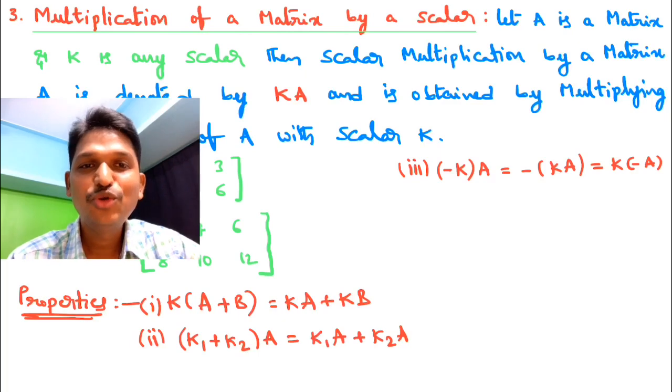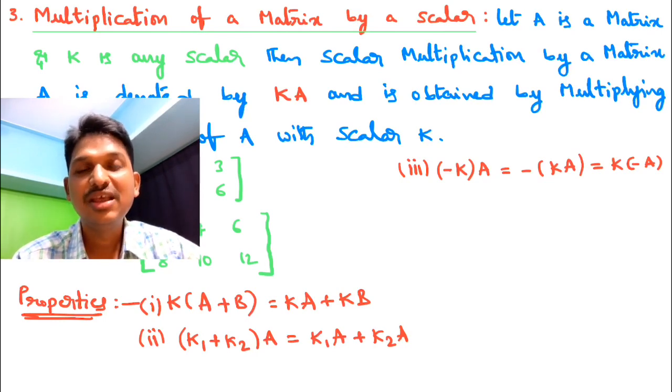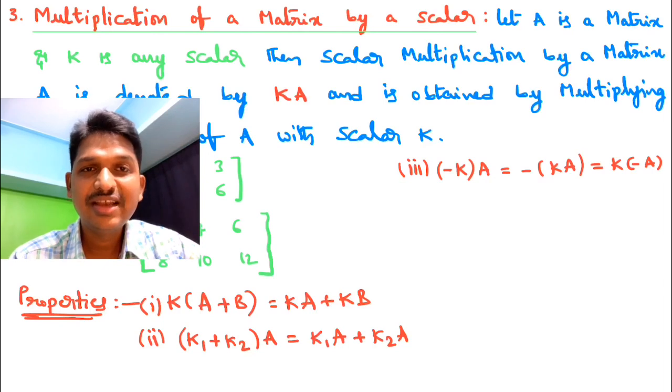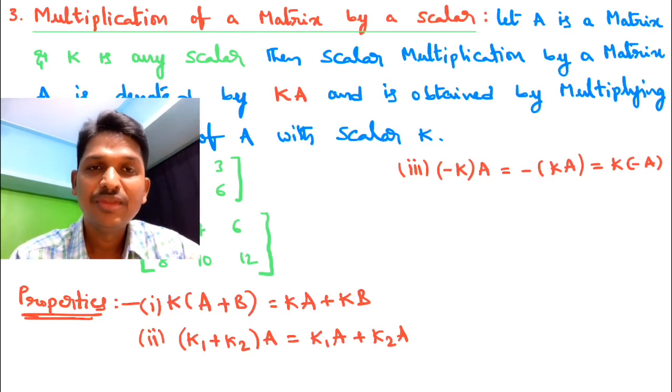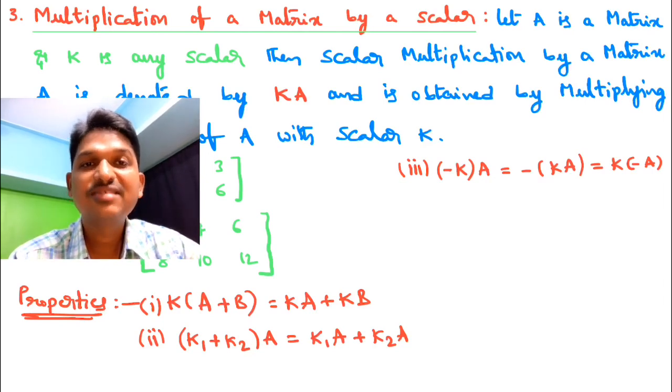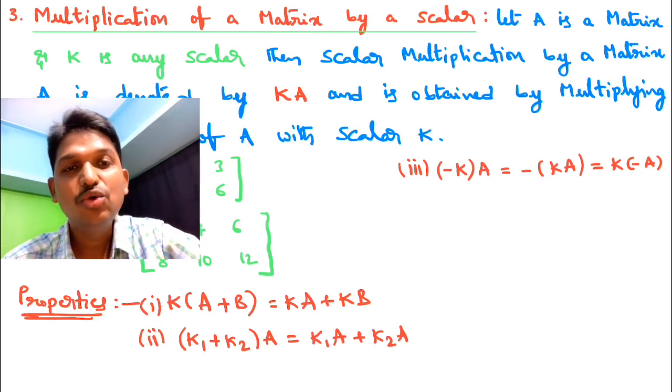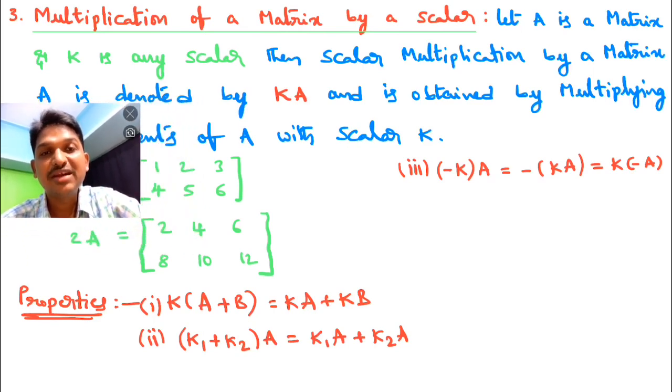Now we'll move to a very important definition. In the beginning only I am saying you may understand or may not understand this definition, but if you do at least 3 examples related to the coming definition, then you can understand it easily. That definition is matrix multiplication. How we multiply 2 matrices.